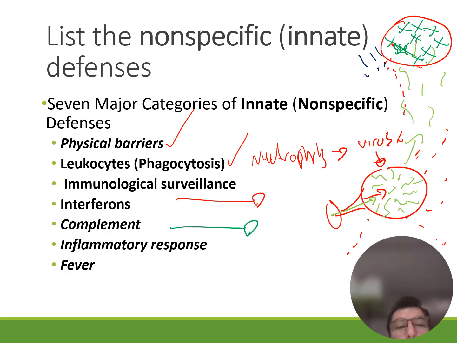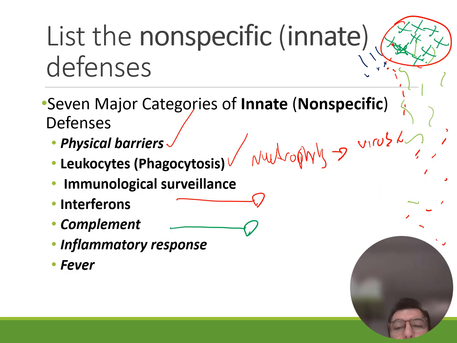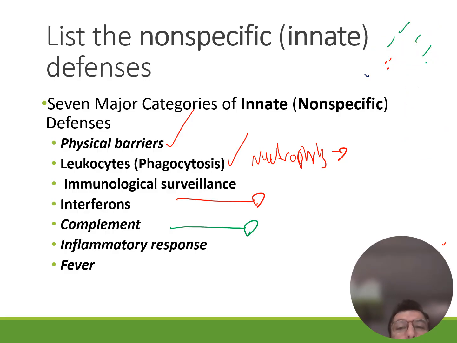Complement. I want you to think of complement as a collection of proteins that are free floating in your body. They are made by the liver, and during an inflammatory response or infection, they are activated in adaptive immunity.